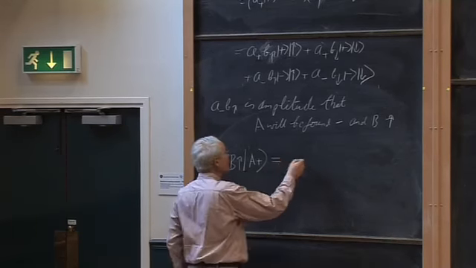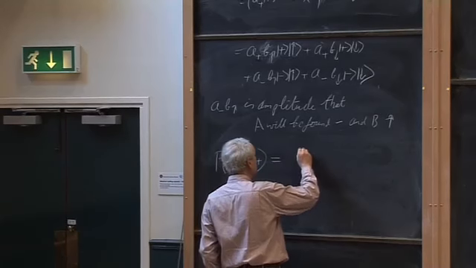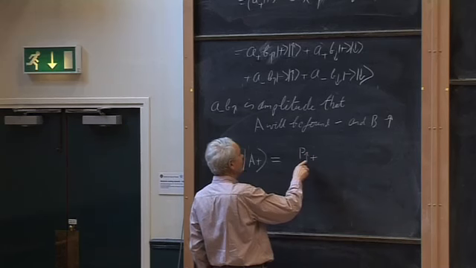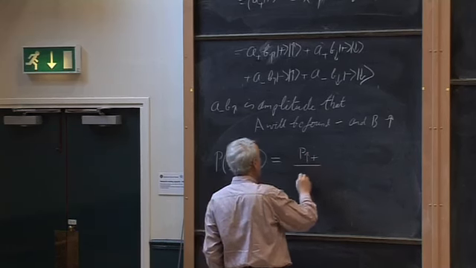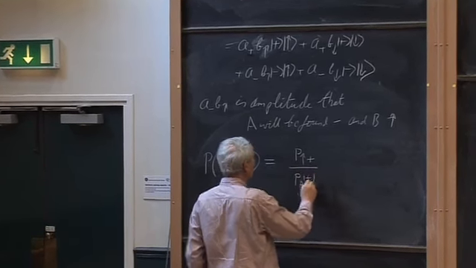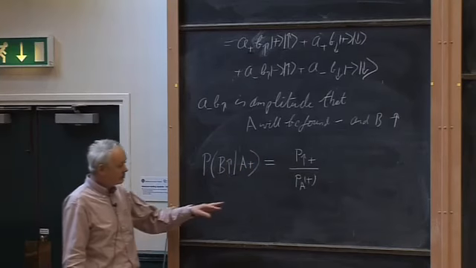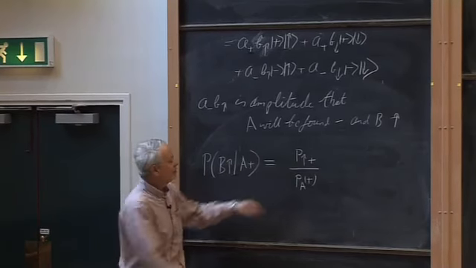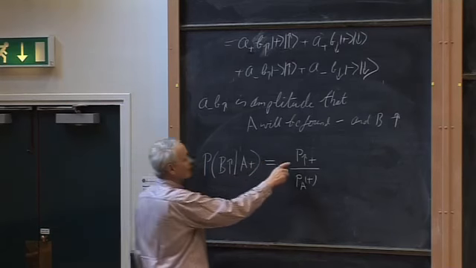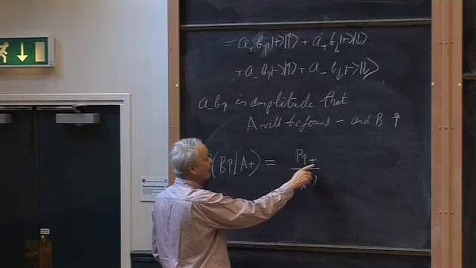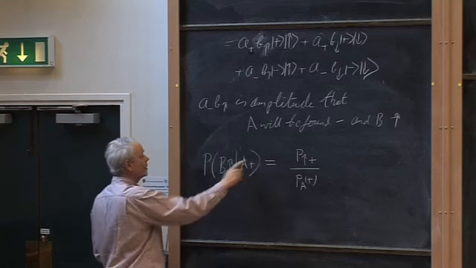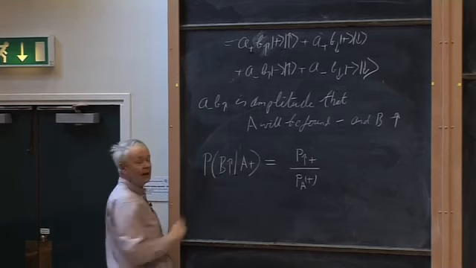Well, this is equal to the probability simply that we have up and plus over the probability that A is plus. Now why is that? If I would move this here, then this would say that the probability of being up and plus is the probability of being plus times the probability that we get up given that we have plus.